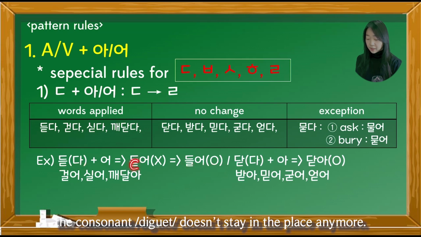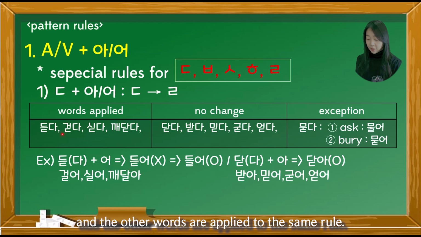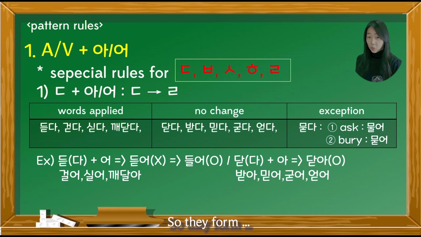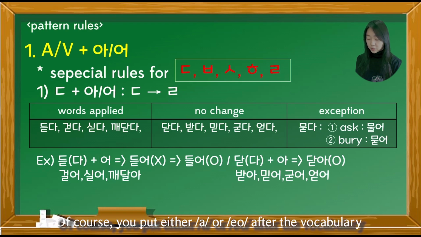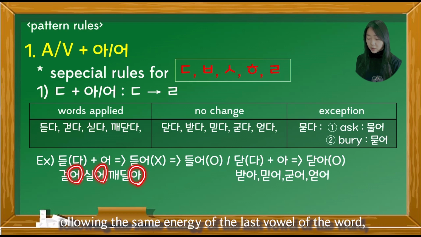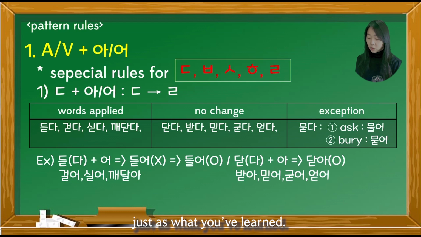The consonant 디귿 doesn't stay in the place anymore. And the other words are applied to the same rule. So they form 걸어, 싫어, 깨달아. Of course, you put either a or after the vocabulary following the same rule of the last vowel of the word, just as what you've learned.